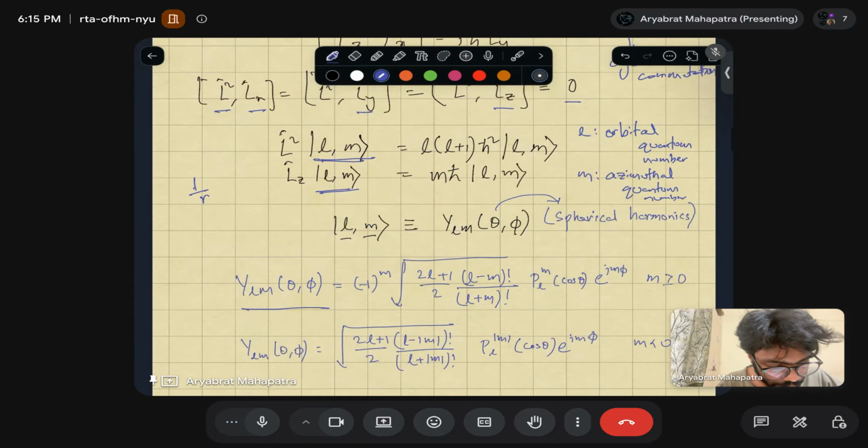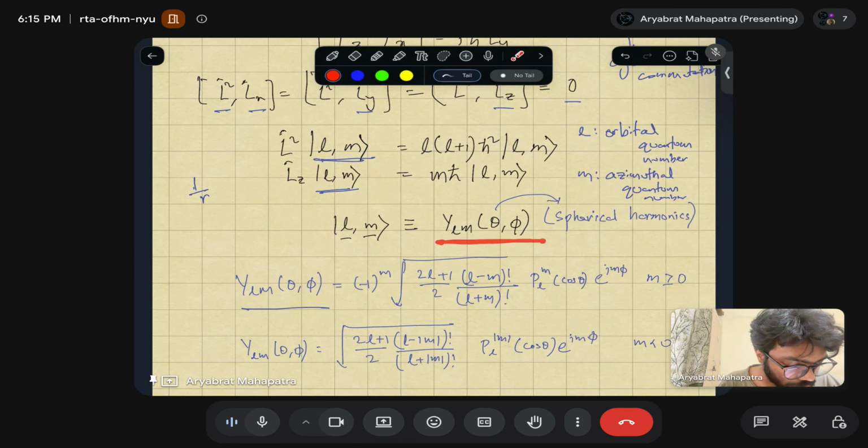So this Ylm is written as some function of theta and phi, including this l and m, integers, which are basically the quantum numbers, and this is known as spherical harmonics.